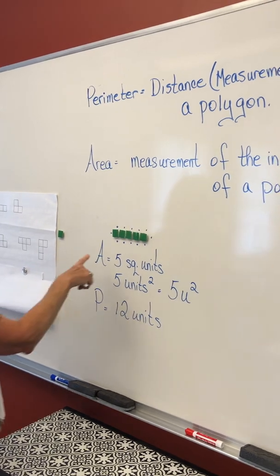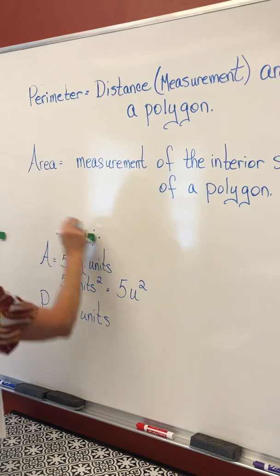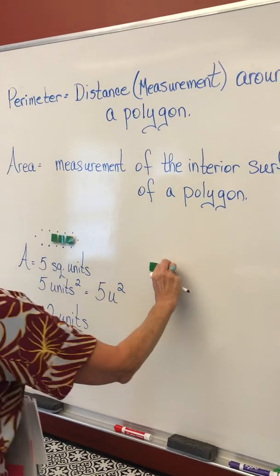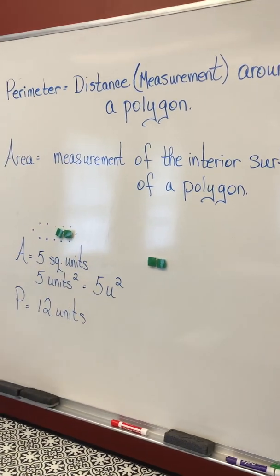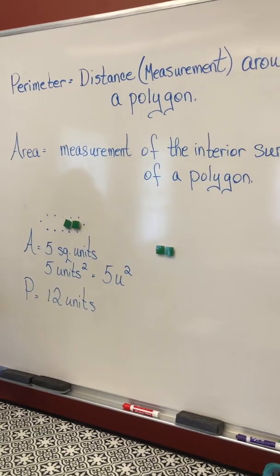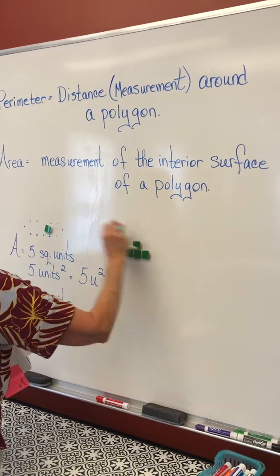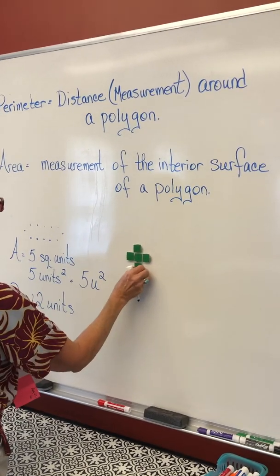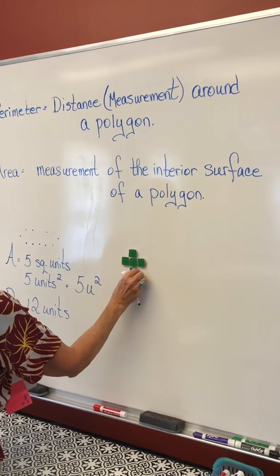Now, will the area change with this? Let's say I make a different shape with these 5. Okay, let's do this. Oh, there's an interesting shape, right? Little plus sign.